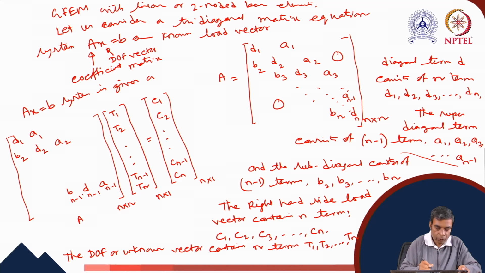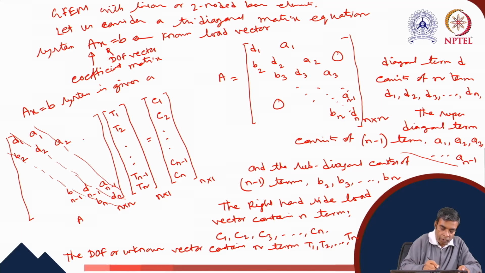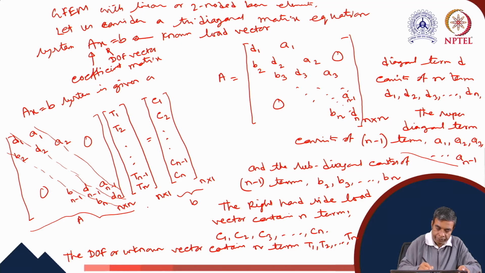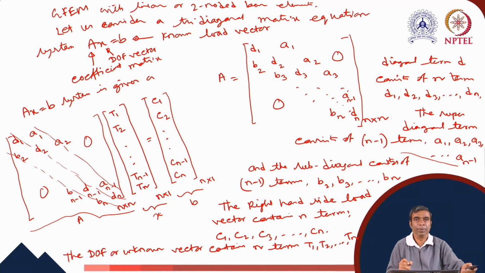In the nth row we have Dn and Bn. So remaining terms in the matrix, they are all zeros. So this is the tridiagonal matrix, capital A. This is the load vector B, and this is the degree of freedom vector. We have denoted it by symbol small x.